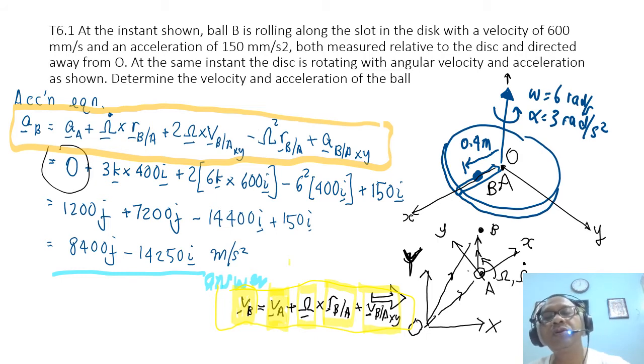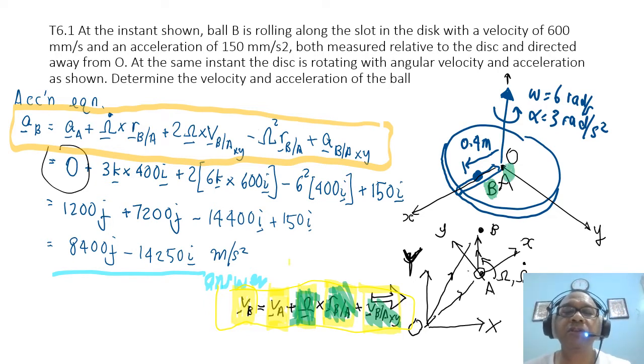So when you look at the problem here, you know B is here and A is somewhere here, and you must know the velocity of B and the velocity of A. A is not moving because it's on the axis, it's just rotating, so VA is 0.